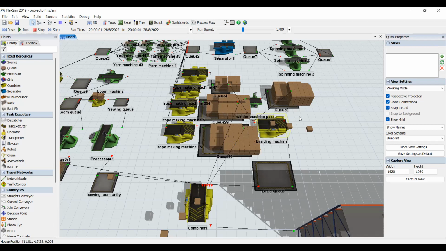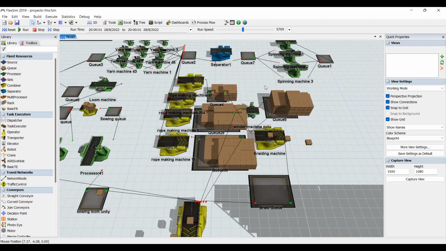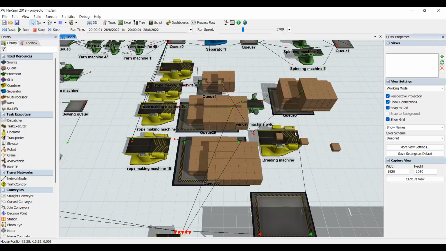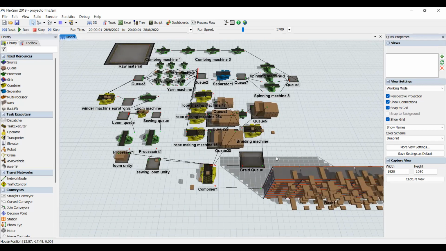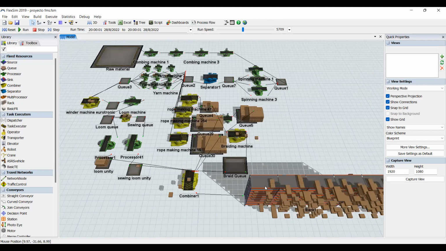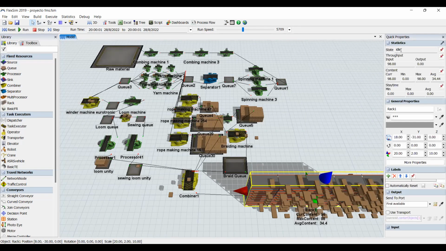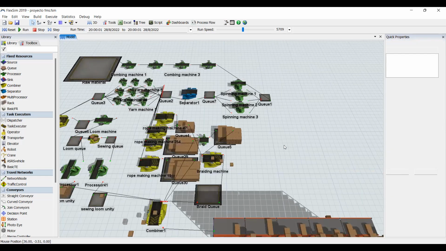They say this is okay because they can take this material and sell it to other clients. So there is no problem if we have material at the end of the day. The simulation of all the machines can meet all the goals that we want.